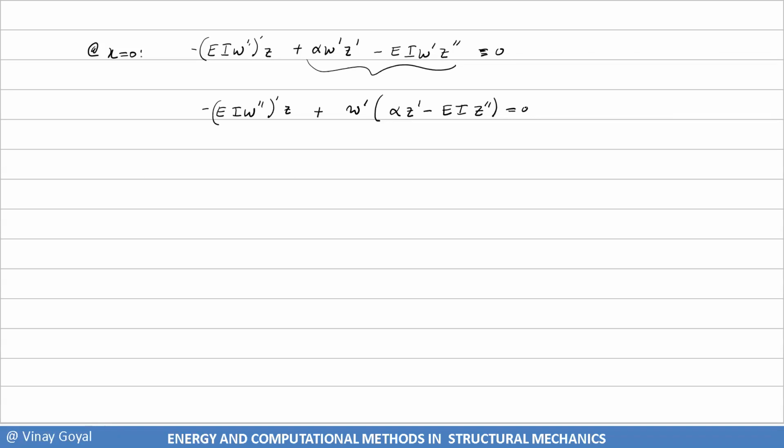And I want to factor out, yeah, so for this to be equal to 0, I need z to be 0. And I also need this to be 0.